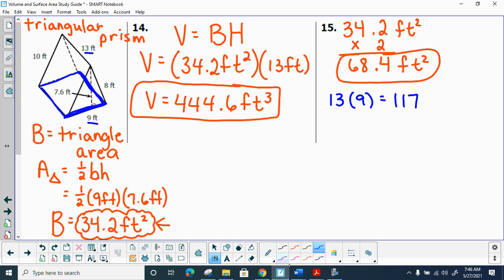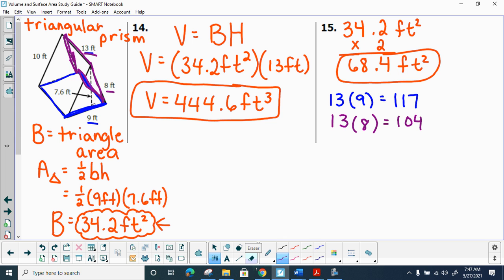Then I have a rectangle. Oops, very hard to get here. All right, this rectangle is 8 feet by 13 feet. Which is 104 feet squared.